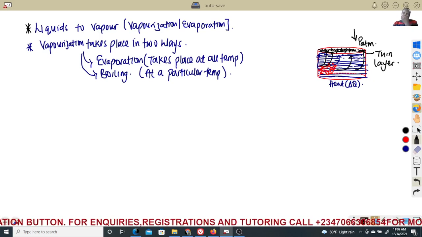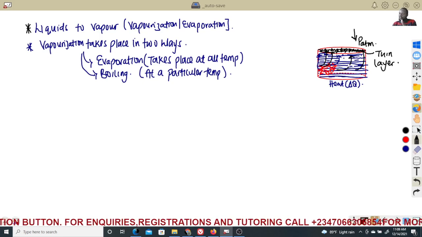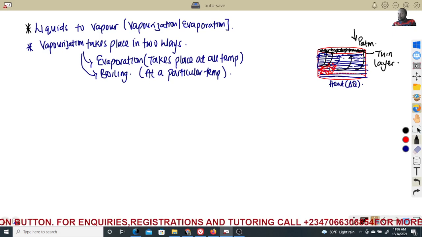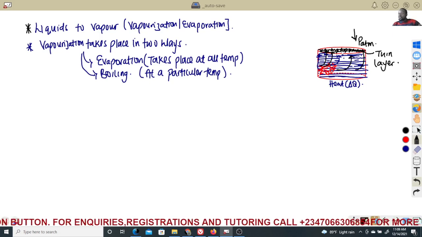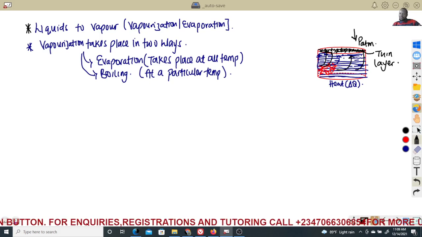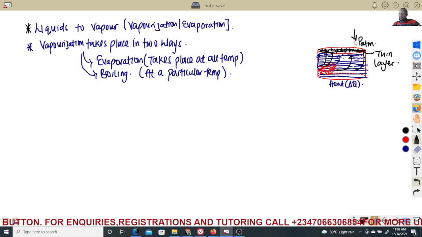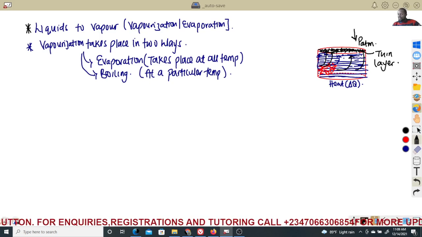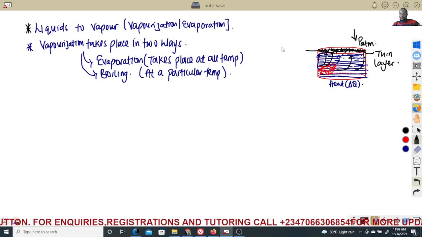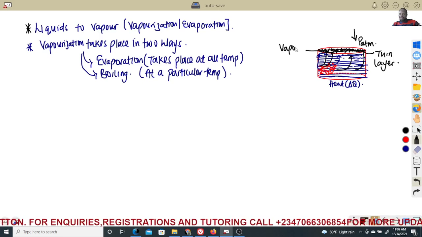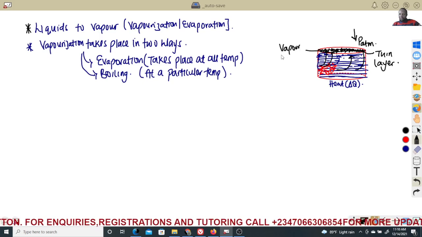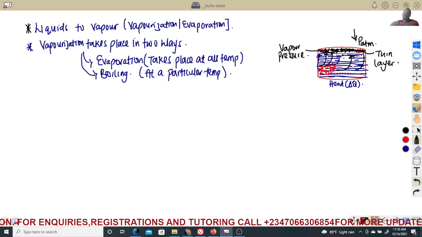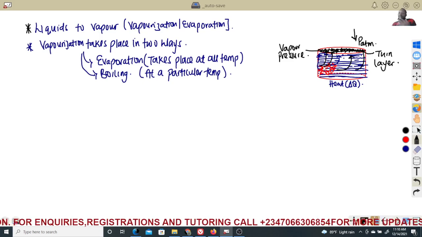And because the atmospheric pressure is greater than the pressure being exerted at this particular point, all those that are changing, that are supposed to become vapor, all the vapor that wants to escape the surface of this beaker, or whatever you call it, will be pushed back by atmospheric pressure, and the vapor pressure will be set here. So this thin layer, we call the layer of vapor.